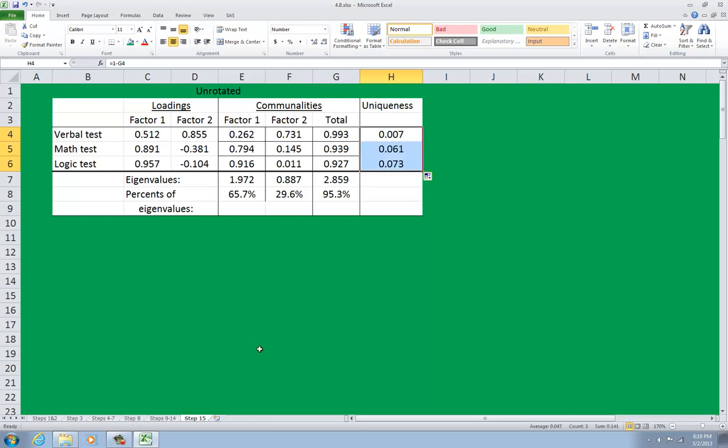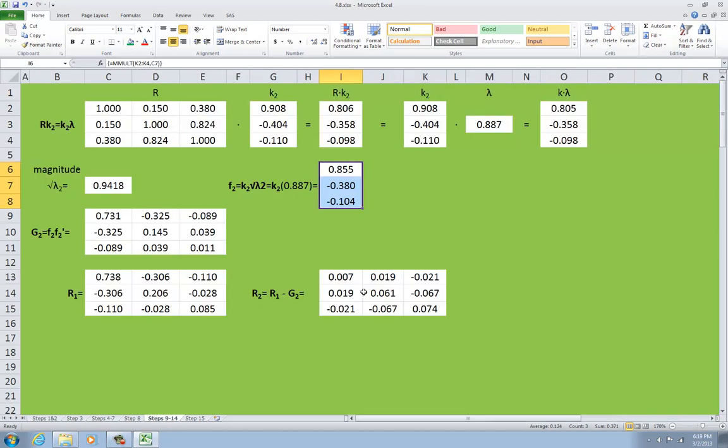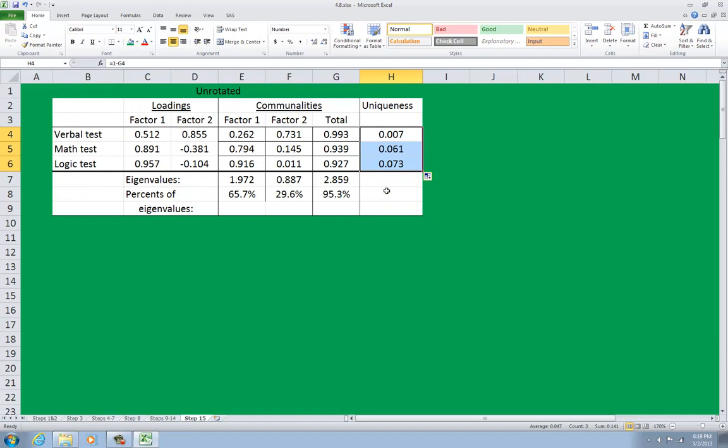Now that should look familiar. It is actually the diagonals that we got on our matrix here. And let's continue to drag this over to complete our table. Isn't it beautiful? So the uniqueness column of this summary table is a new one introduced in this section that we didn't talk about before.